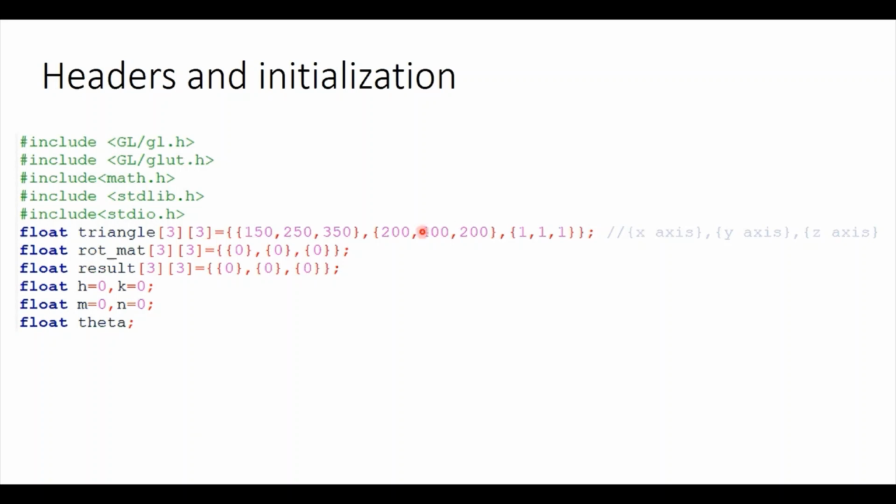And we have taken the rotation matrix. The rotation matrix is initialized to 0, and then we have taken the result matrix. This is also initialized to 0 initially. We have taken the h and k values, initialized to 0. Then you're reading your fixed point from the user into these M and N values, because you're computing the M and N values according to the rotation matrix around a fixed point. And then you also need the variable theta.